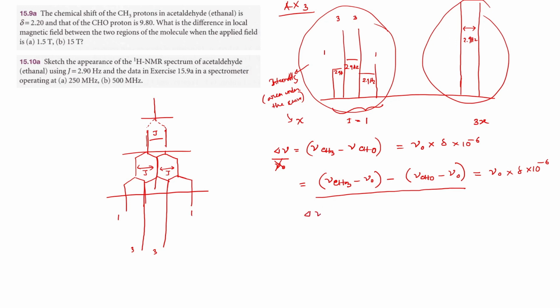Am I making sense? What I'm trying to say is that delta nu is nu 0 into delta into 10 to the power minus 6.